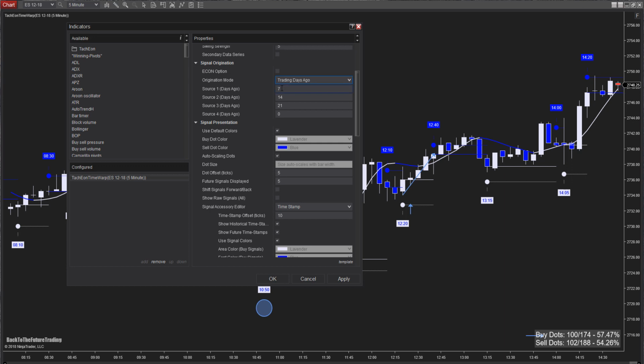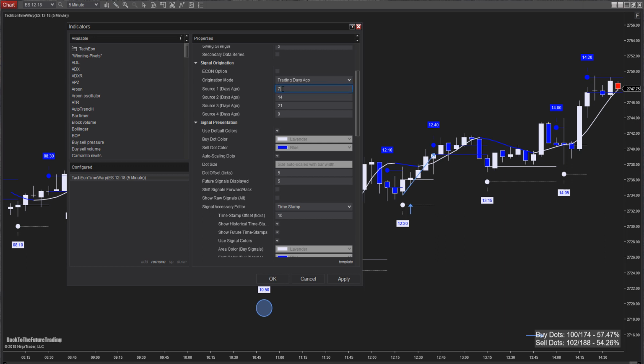So instead of looking back 7 calendar days, which would be a Thursday to a Thursday in this case, we would be looking back 7 days, which would put us Wednesday, Tuesday, Monday, and take us into last Wednesday. Okay, so we would omit the weekend out of that, and this would take us back to last Tuesday instead of last Thursday.